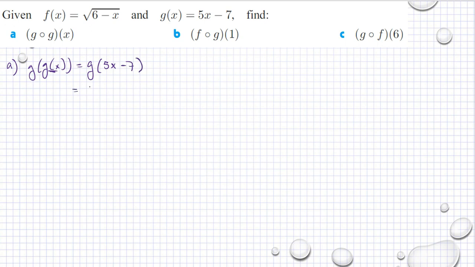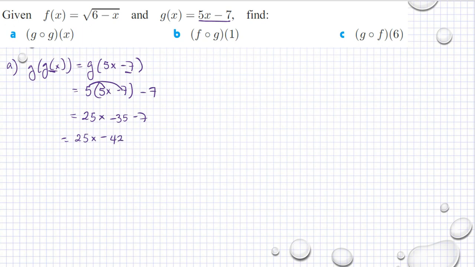Our 5 times g of x is that whole thing, 5x minus 7, and then we have minus 7 there. If we multiply to both terms, we have 25x minus 35 minus 7.